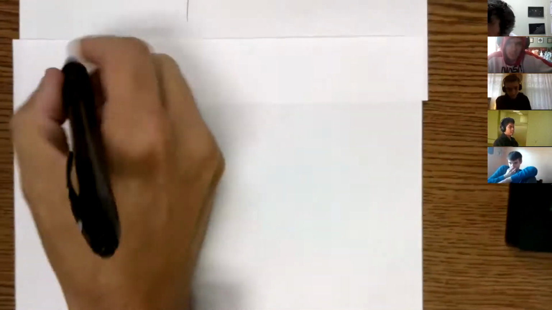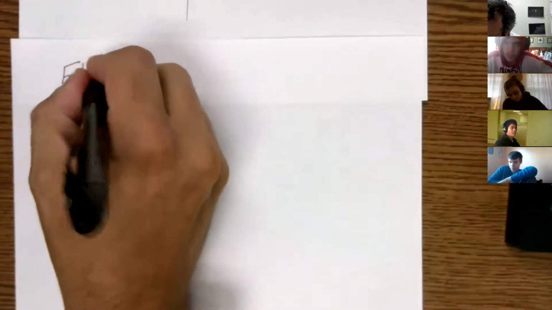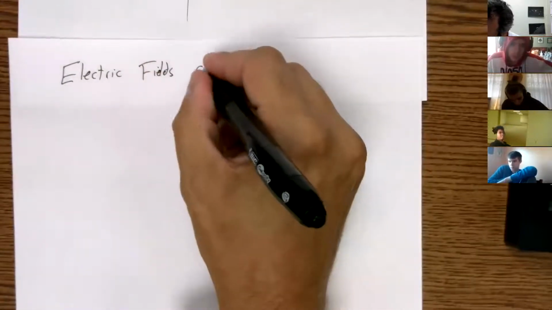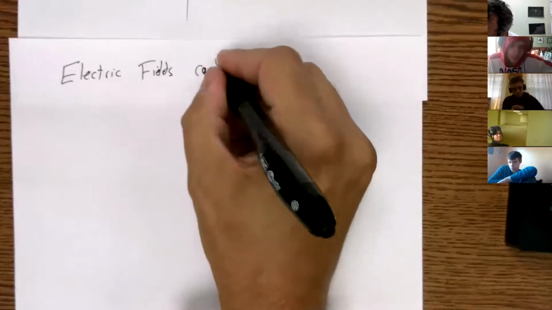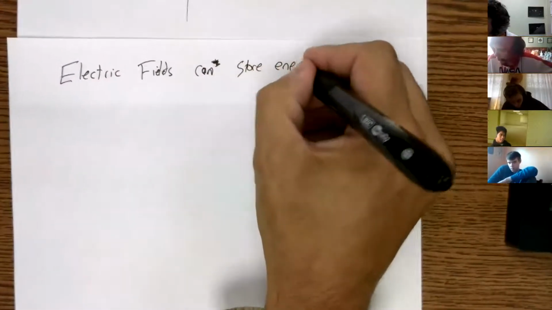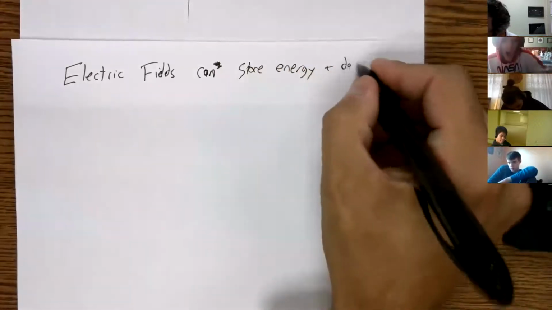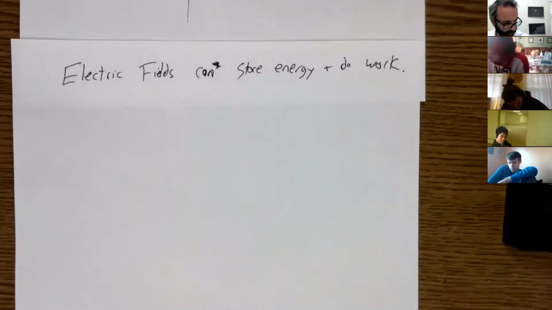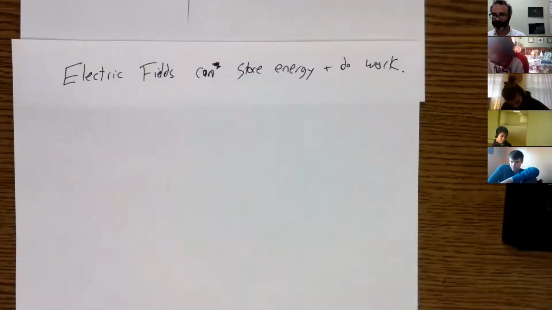Oh yeah. So electric fields, they can store energy and they can do work. All right, so we can store energy in an electric field, and we can use an electric field to do work, that is maybe to change that electrical energy into kinetic energy.